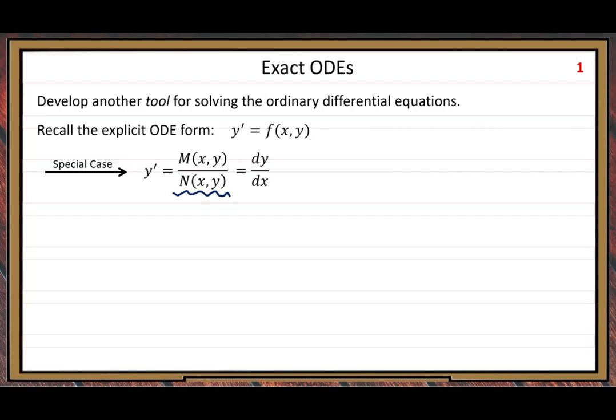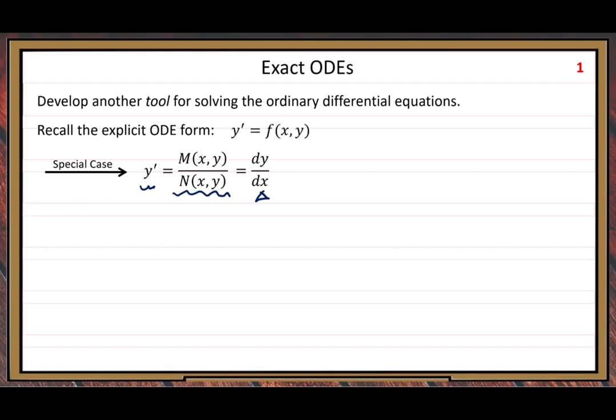So when we write the f function in this fractional form, naturally we write the derivative also in fractional differential form, dy over dx.